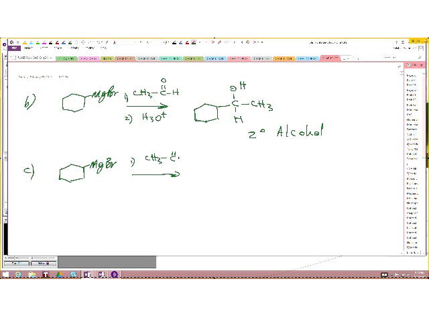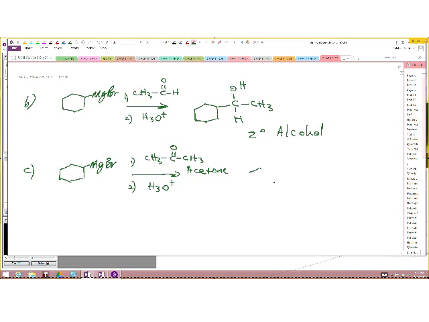Take this ketone here, which is acetone. This molecule here is called acetone. And then step 2, hydronium ion.